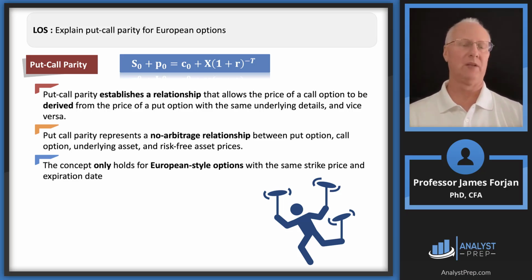Now, of course, like many things in finance, we have to assume some no arbitrage relationship. And I always tell my students this. Look, if there are arbitrage opportunities that are consistently available and sustainable, then some individual or organization is out there consistently and sustainably losing money.